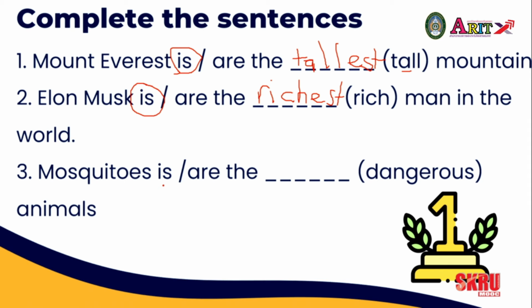Mosquitoes, is or are? We have the plural form, so we have to choose are. Mosquitoes are the, dangerous, 3 syllables. So we're going to use the most dangerous animal.